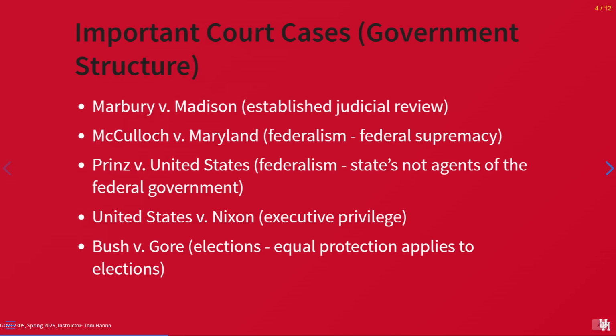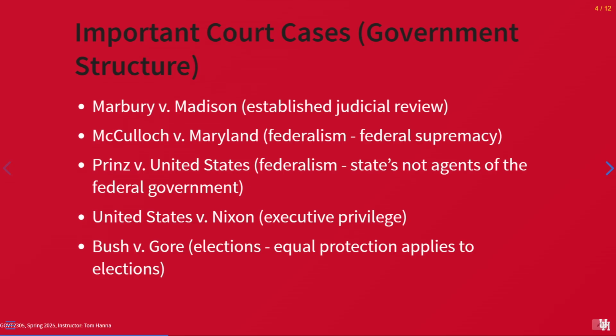Now, I mentioned earlier in talking about the Constitution that that was sort of always implied because the Constitution gives the courts the judicial power, and the judicial power is the ability to apply and analyze laws, and the Constitution is the supreme law of the land.